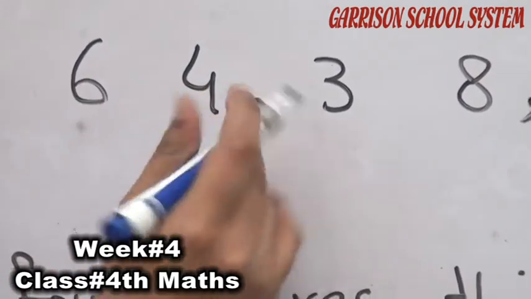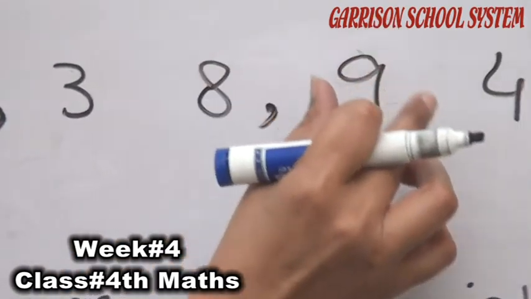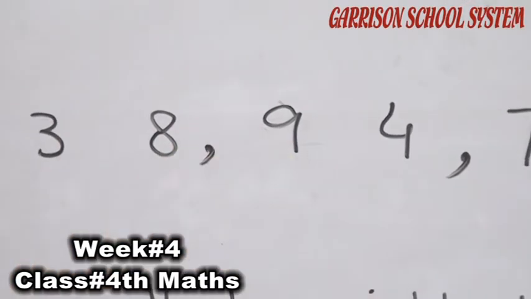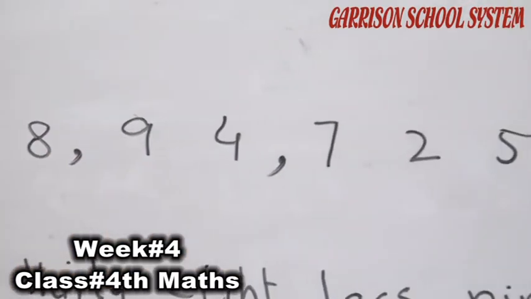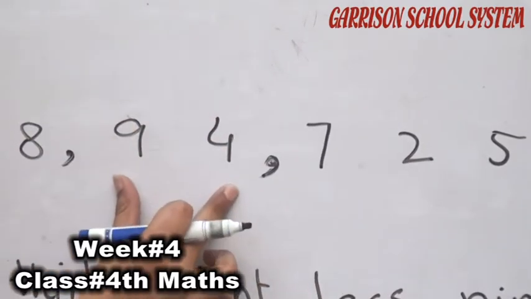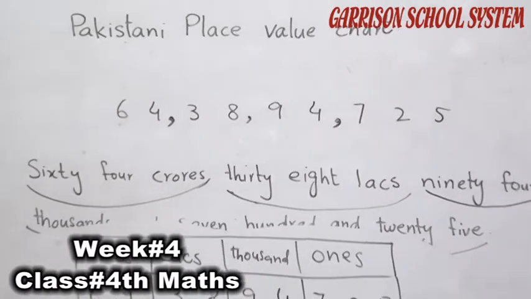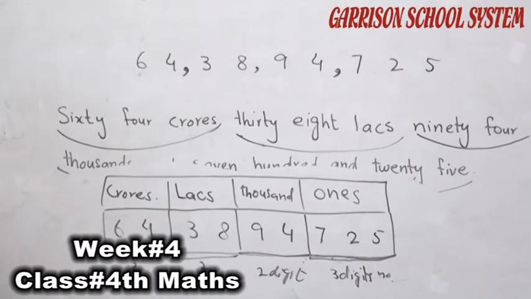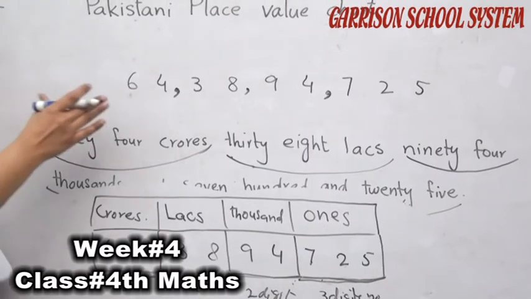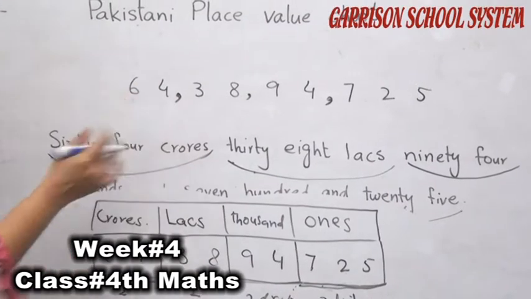This comma separates the lakhs from the thousands. This comma separates the thousands from the ones. So in this way, students, commas separate the groups so that we can easily understand what the words actually represent. Which word is this?